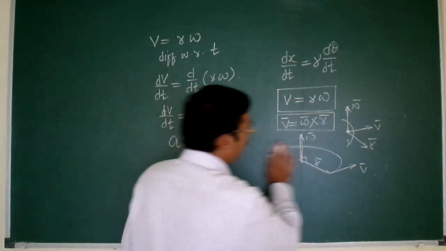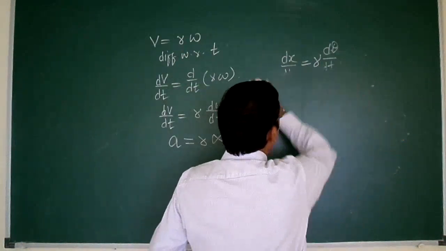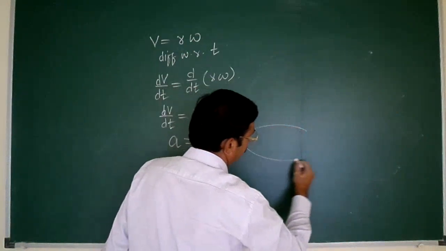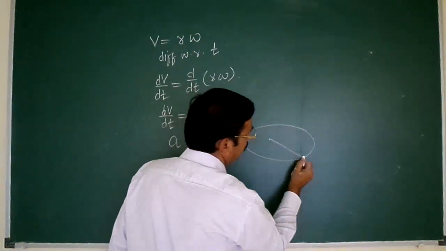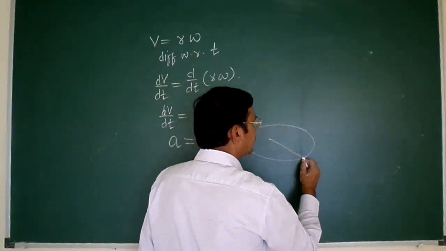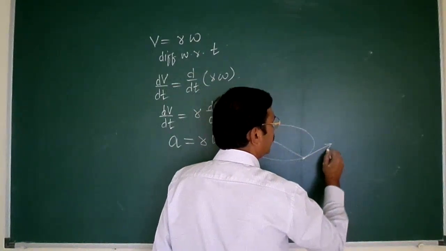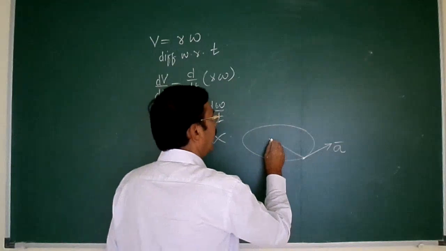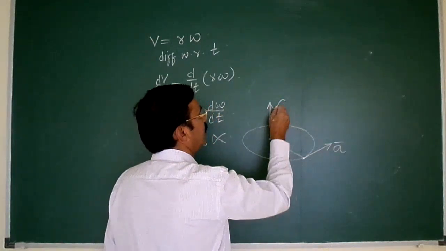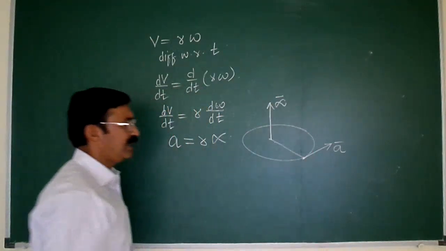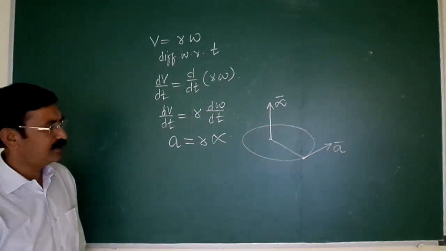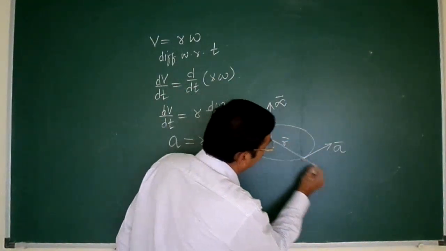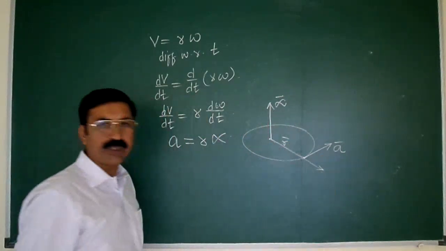Again, as we have seen in the case of velocity, here linear acceleration is tangential, angular acceleration is perpendicular to the plane in which the particle is performing circular motion, and the radius vector is radially outward.